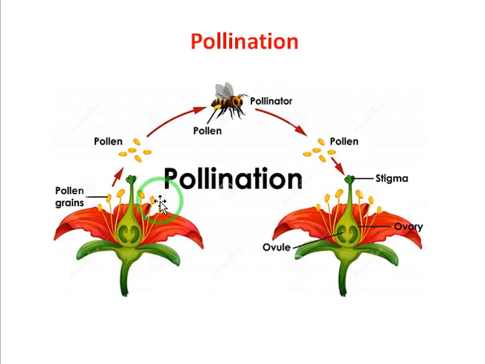Direct pollination is when the pollen comes from the same flower, while in indirect pollination, as shown in the adjacent document, a pollinator, which is the bee here, may transfer the pollen grains from one flower to another. It means from the stigma of the first flower to the stigma of another flower.